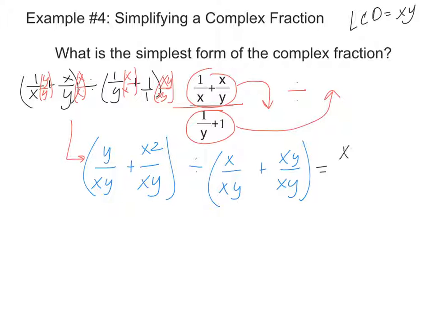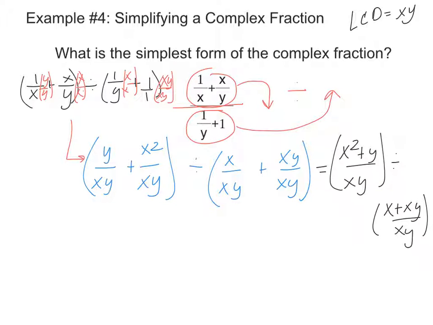So that's x squared plus y over xy divided by x plus xy over xy. Now, the almost last thing that we need to do, now that it's division, we're going to multiply by the reciprocal. So that means I need to flip this one.